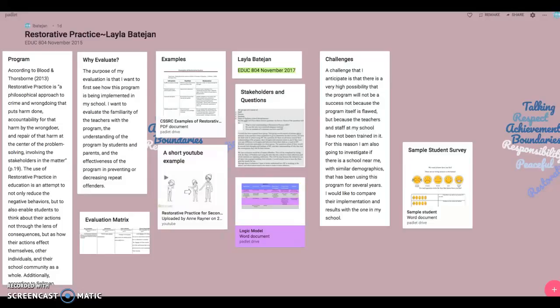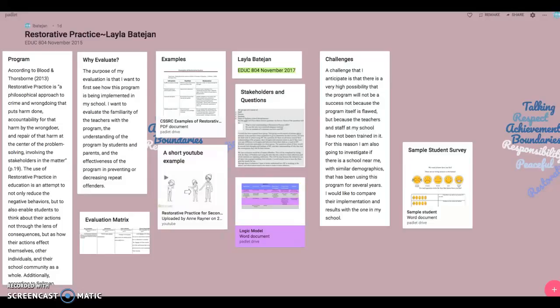So, for example, a solution to something like that might be that they come in during their lunch period for the next week and they're in charge of helping the staff clean up after the lunches. So they can really understand how their actions have a direct impact on other people.